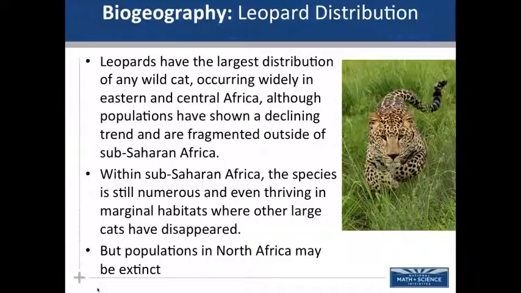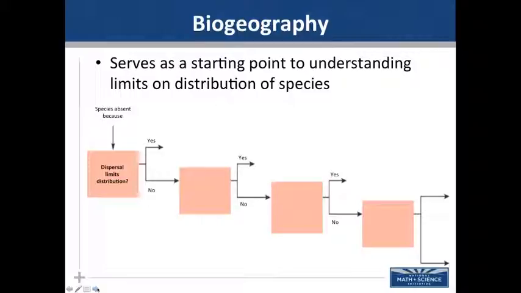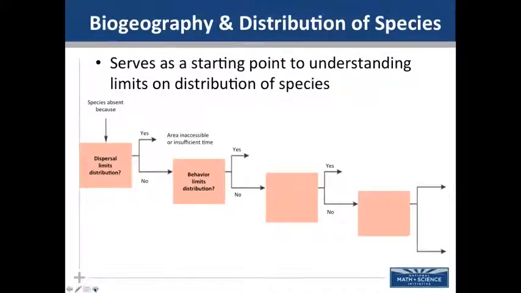And how we do this in science is we have a chart, and this serves as a starting point to understand limits on distribution of a species. So the species is absent because dispersal limits distribution. Yes: the area is inaccessible or there is insufficient time. No: then you move into the next distribution limit, which is behavioral. So behavioral limits distribution.